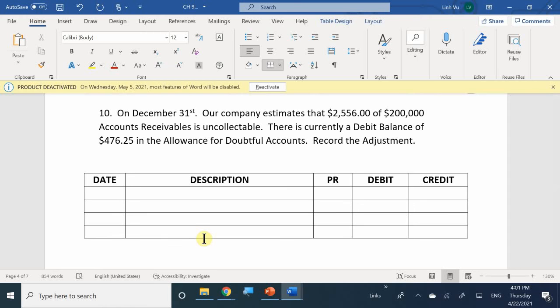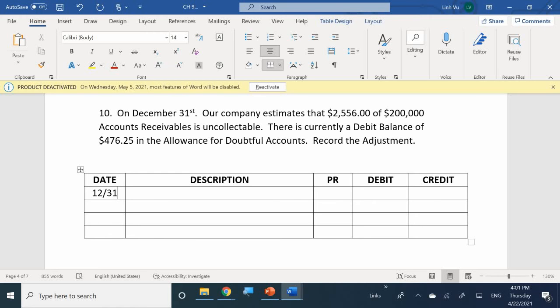Accounts receivable. No, not accounts receivable. Uncollectible debt or bad debt expense? Bad debt expense, because why? It's at the end of the year and we know that we're not going to get it right now. Good, but what's the key factor here?